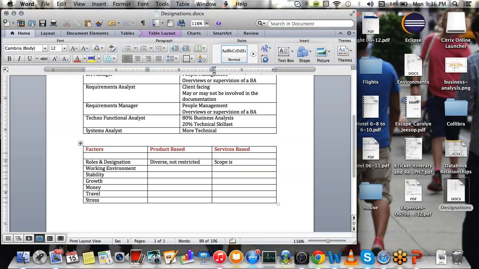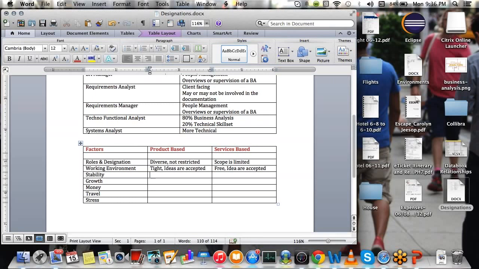Your work environment is going to be a little tight, but at the same time your ideas are accepted. In a services-based firm, it is a little freer because you know what your deliverables are for the next month, and your ideas are accepted as well.